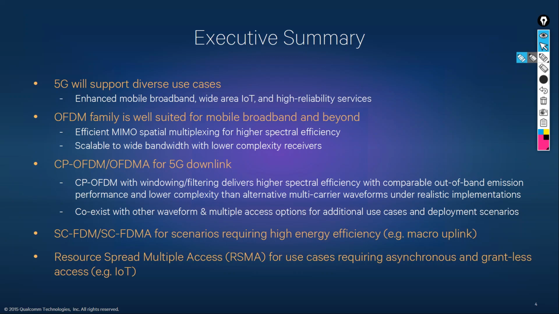OFDM family waveforms are found to be suitable for mobile broadband and beyond, mainly because they can be integrated efficiently with MIMO, spatial multiplexing, to achieve high spectral efficiency. They are scalable to wideband with lower complexity. Lower complexity, put two lines under it to highlight it.